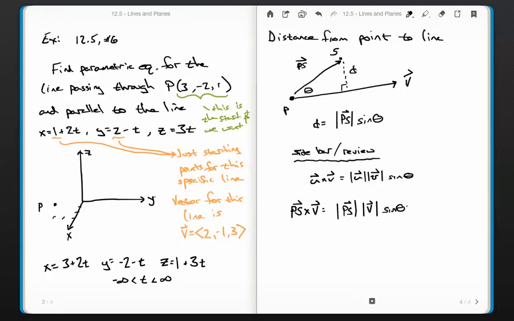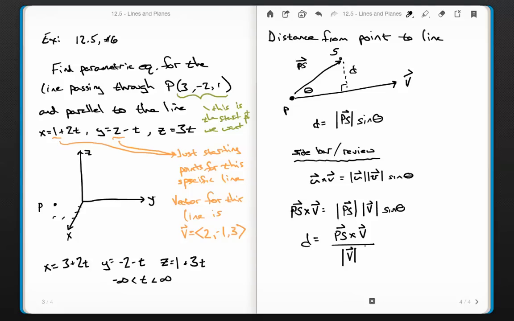This is kind of slick because what I'm really after is PS times the sine of theta. I just don't want the magnitude of V. So the distance that I want really equals PS crossed with V divided by the magnitude of V, because that's the only part that I don't want. I don't want the V, so I'll just divide this by the magnitude of V.